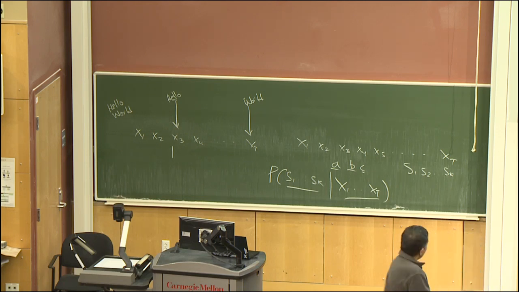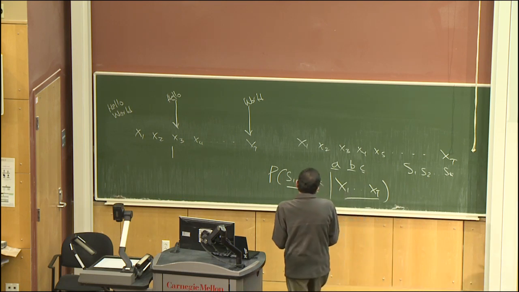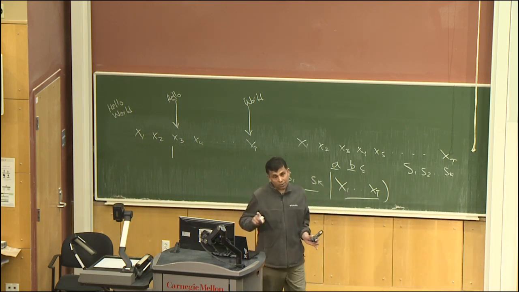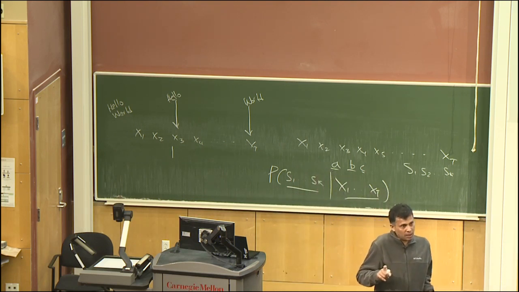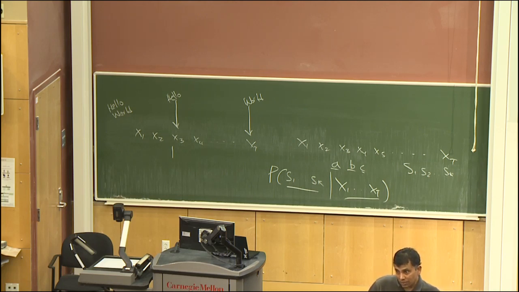Right? Now, when we make this statement, what are we not worrying about? We are not worrying about when the symbols were emitted. The only question I'm answering is, what is the most likely symbol sequence? Given the input, I'm not interested in when the symbols were actually emitted. Okay? So, do you see the difference?